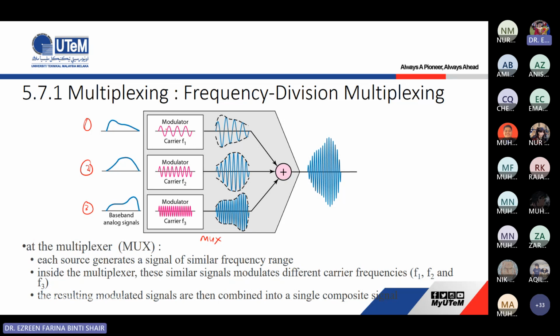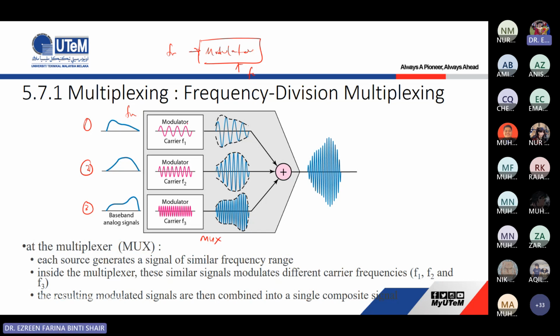The first signal goes to the first modulator. Inside the multiplexer you have the modulator, and I hope you still remember your modulator. You will have two inputs: FM and FC. This is your FM, because this is your information, the original information, and then you have the FC.